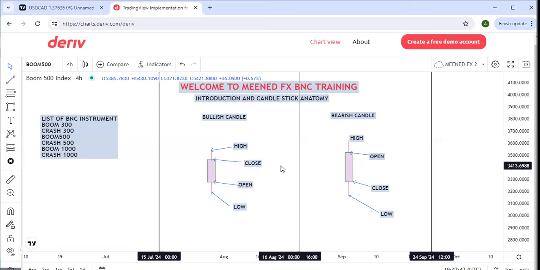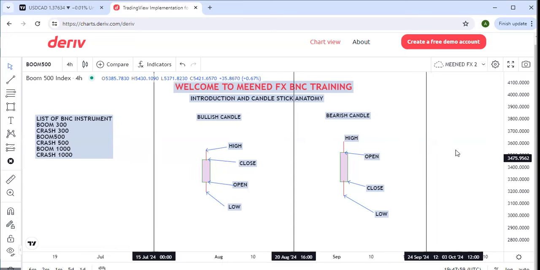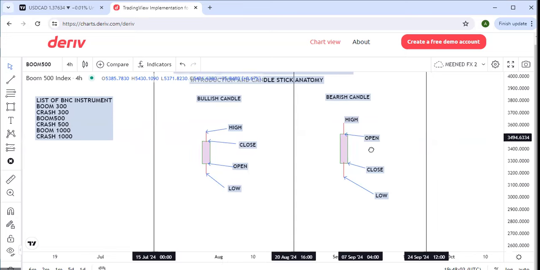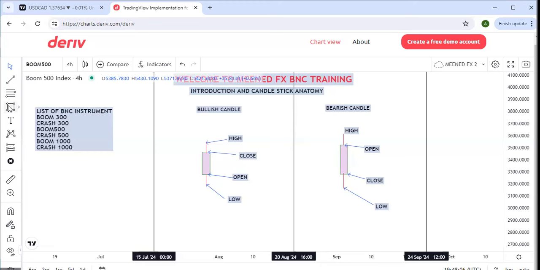Another thing is this. I want you to quickly understand the essence or the completeness of this candlestick pattern. So I'm going to make a sketch. We will not just stop at marking candles alone.